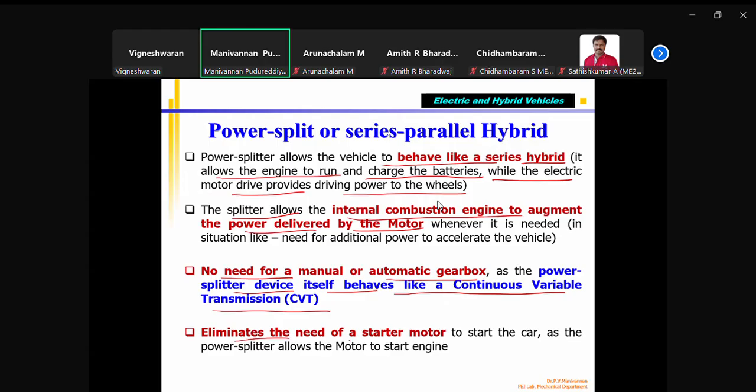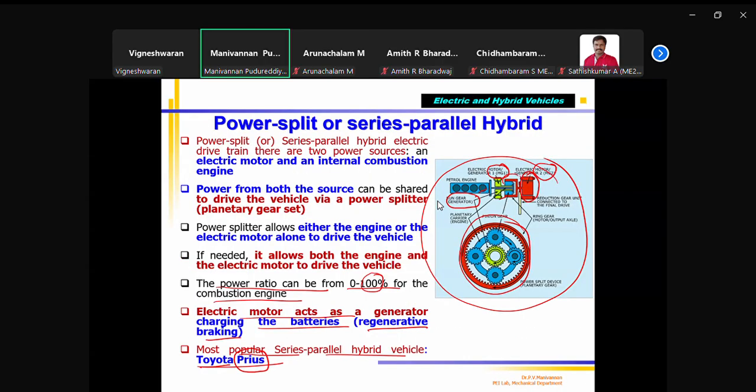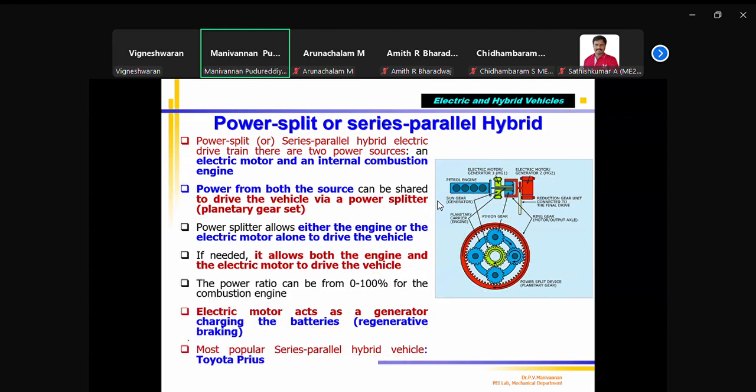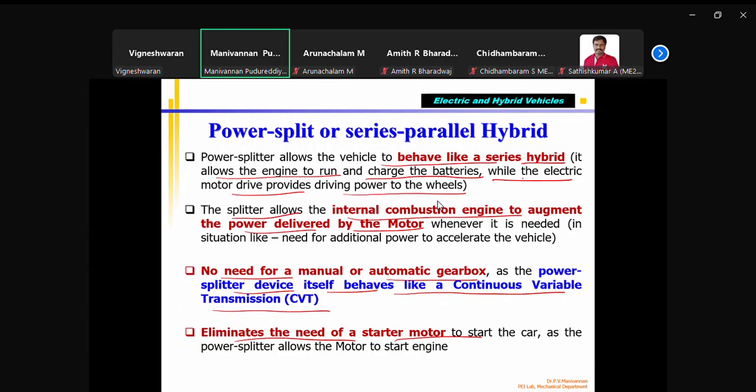It also eliminates the need for a separate starter motor, because one of the motors can do that. This motor 1 can act as a starter motor also. It starts the vehicle and then becomes an electric motor. Once it is started, it can supply power, and then the other motor is there, then the engine. All three can work together.